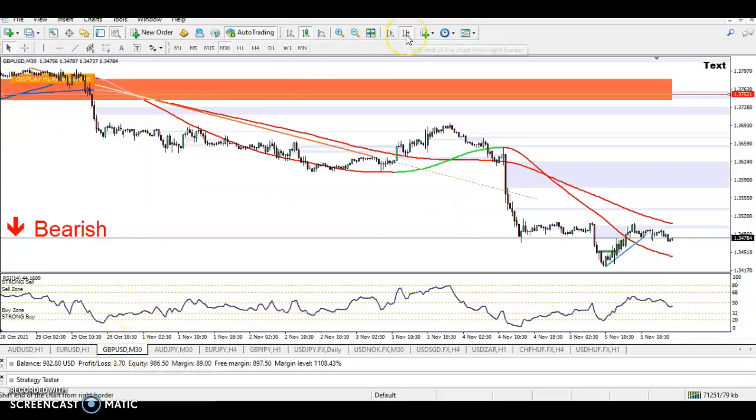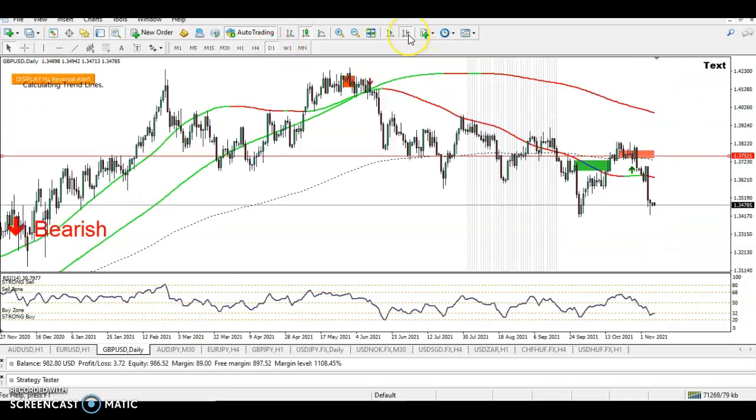Okay, we'll do two more. I'm already in the buy for the GBP USD. On the day, we've got all types of bearish action. We're under both of the HMAs.